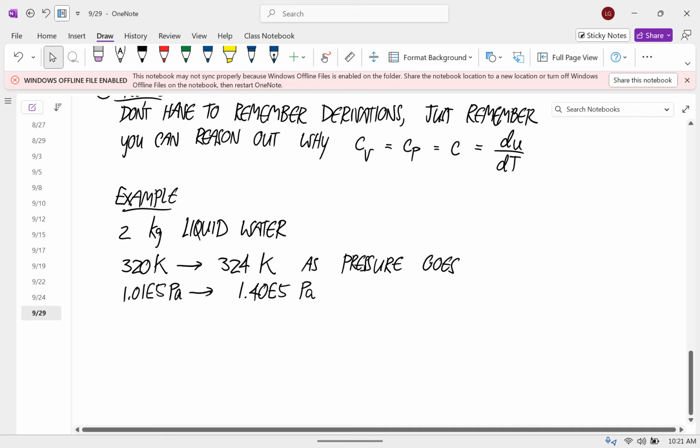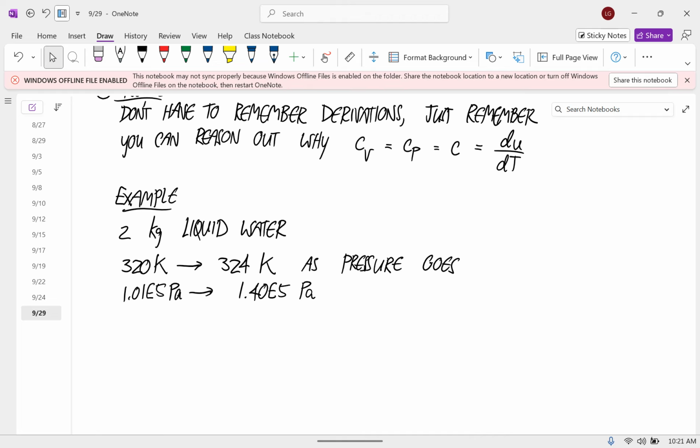And for this range of temperatures, well, I'll write that in a second.